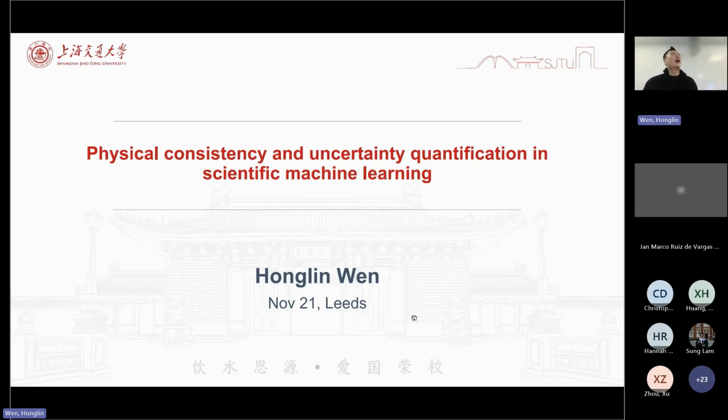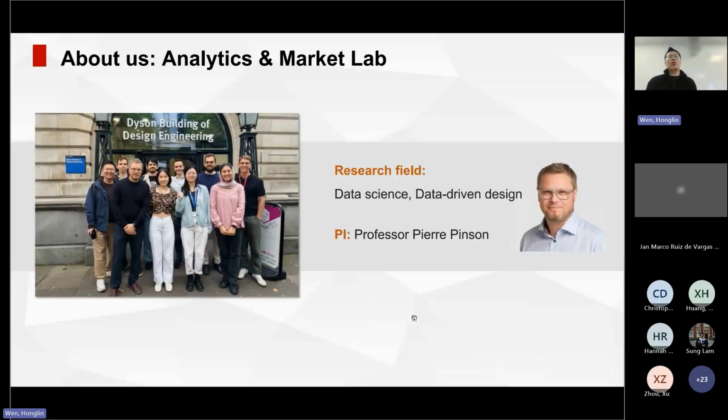Today I'm going to talk about some specific aspects of scientific machine learning. A couple of words about ourselves. We have the Analytics and Market Lab at Imperial College London in the Dyson Building, Dyson School of Design Engineering. Design engineering, I think, is also not a very common major in the UK and all over the world.